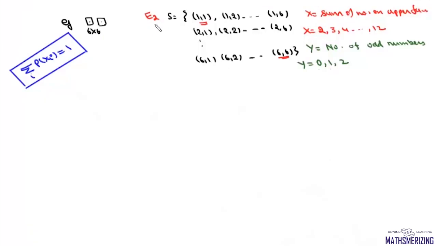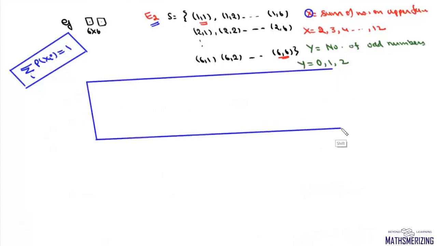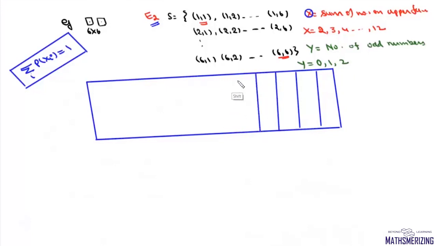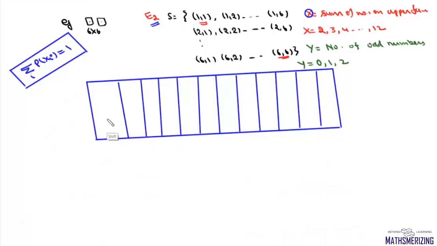Now we'll find mean and variance for this second random experiment A2 for this random variable x. Now we'll draw its probability distribution. So it'll be this 12, 11, 10, 9, 8, 7, 6, 5, 4, 3 and 2.